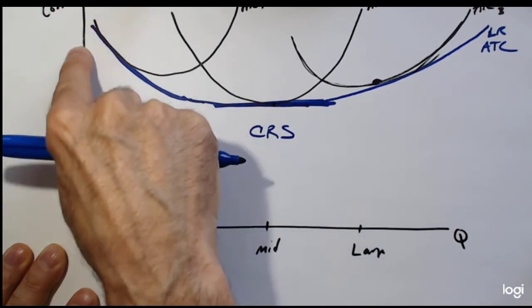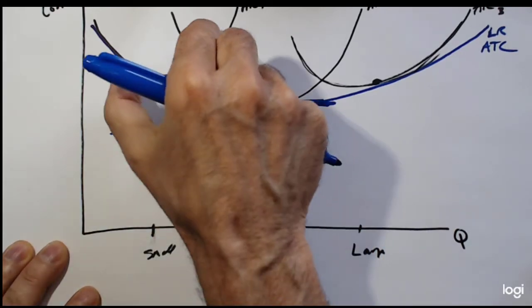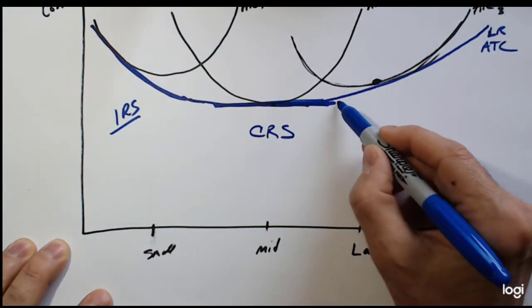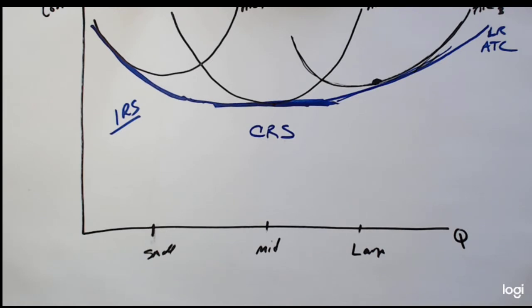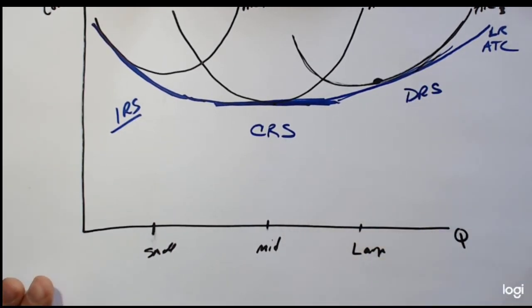Your minimum average total cost is not changing as this thought experiment of increasing the size of your business over time. And then eventually, look what happens. Costs start to ramp up. Now, why could that be? Well, that comes about through unwieldy businesses. If businesses get too large, they get unwieldy, hard to coordinate, and their costs start to go up. And that's called decreasing returns to scale.